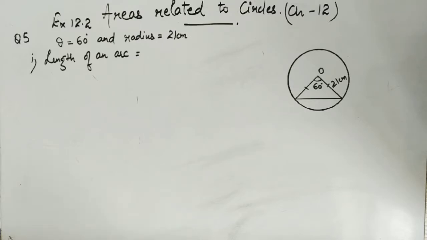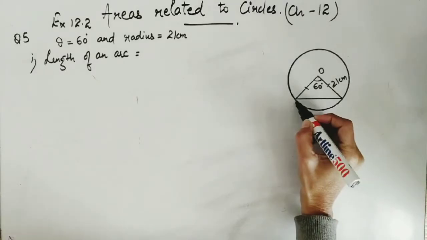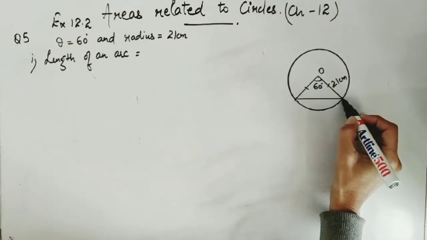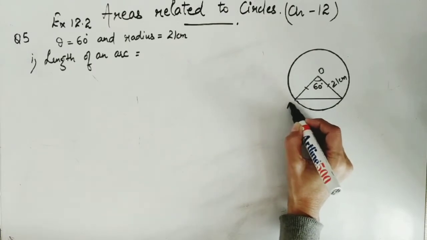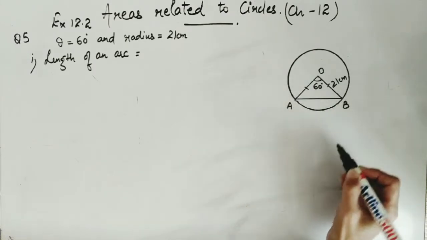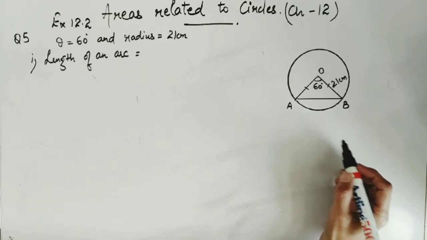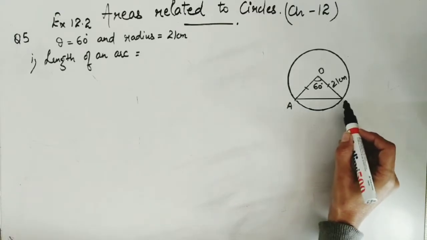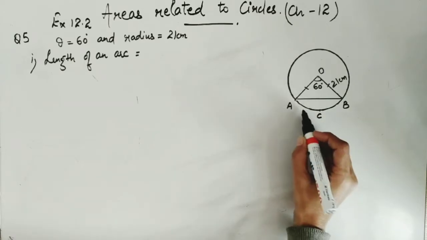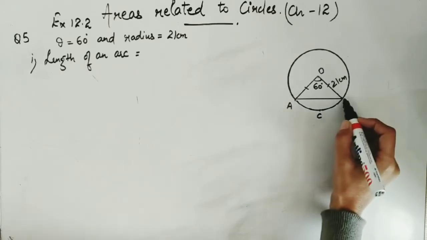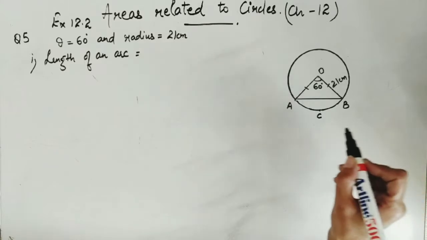Length of an arc, first part demands length of an arc. Length of an arc means this arc, the points over here are taken as AB. So this arc AB, or if I take any point over here, let a point be C, then this arc ACB, what is the length of this arc?